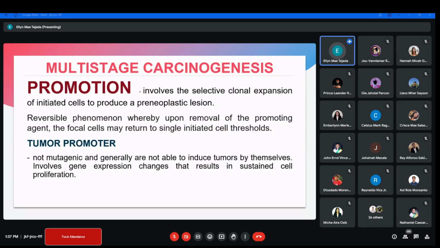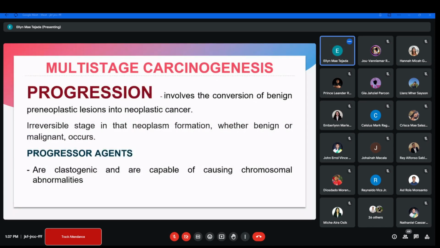Let us see the last stage of the multi-stage carcinogenesis. So here is the final stage. It is progression. It involves the conversion of benign neoplastic lesions into neoplastic cancer.